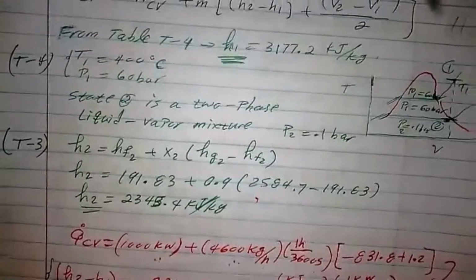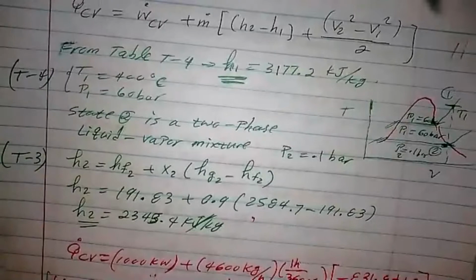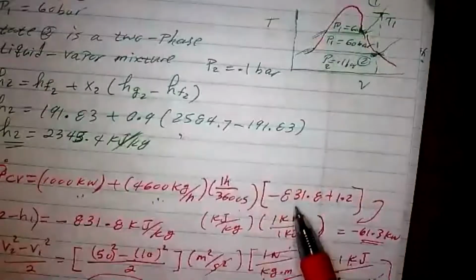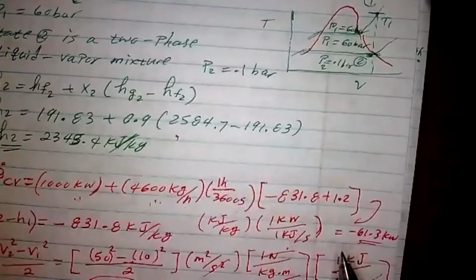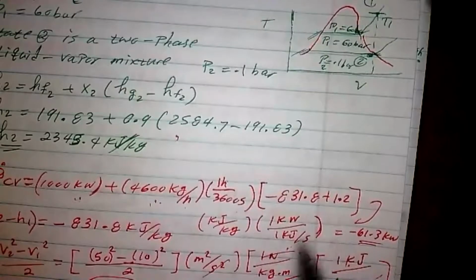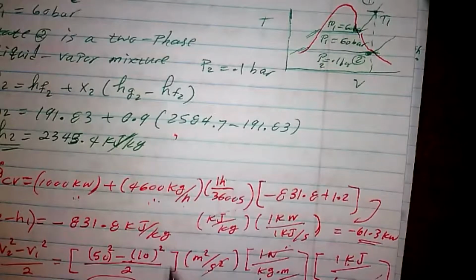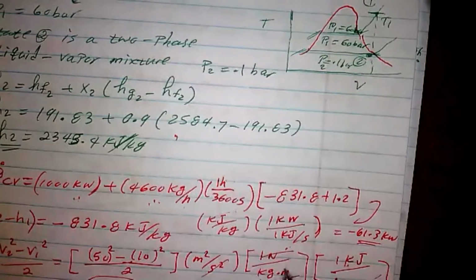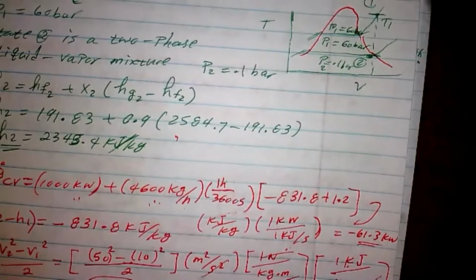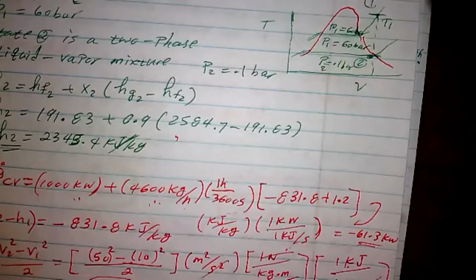So far so good. So we have the minus 831.8 plus 1.2, and then we end up, if we do the units, make sure that the units all cancel each other out. And we know that 1 kilojoule per second is 1 kilowatt. So kilojoules and kilojoules will cancel each other out, and we have kilojoules per second, which means kilowatts.